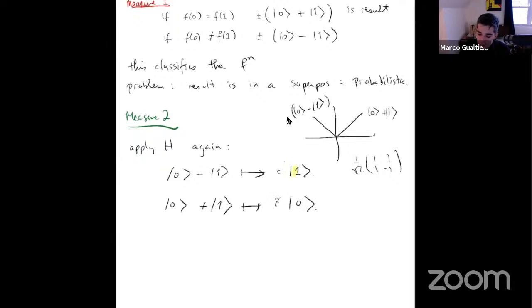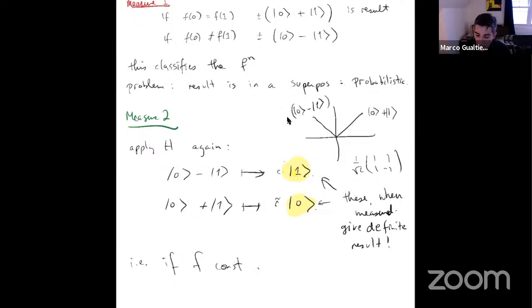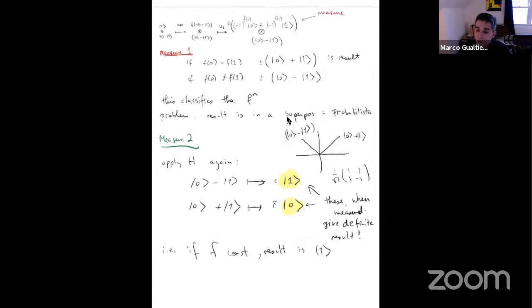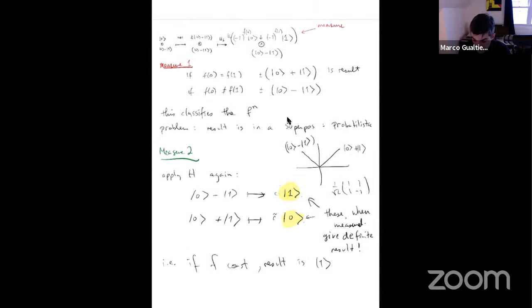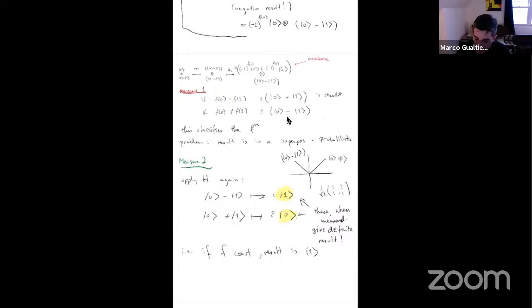And now we're in business, because now we are actually back in the classical realm before we even make our measurement. So these, when measured, give a definite result. If f is constant, the result is 1. Sorry, I switched them.